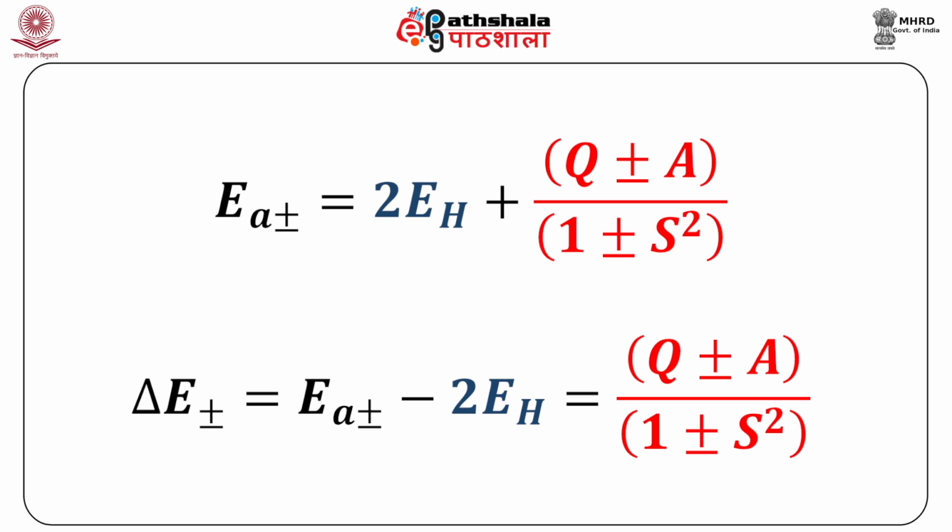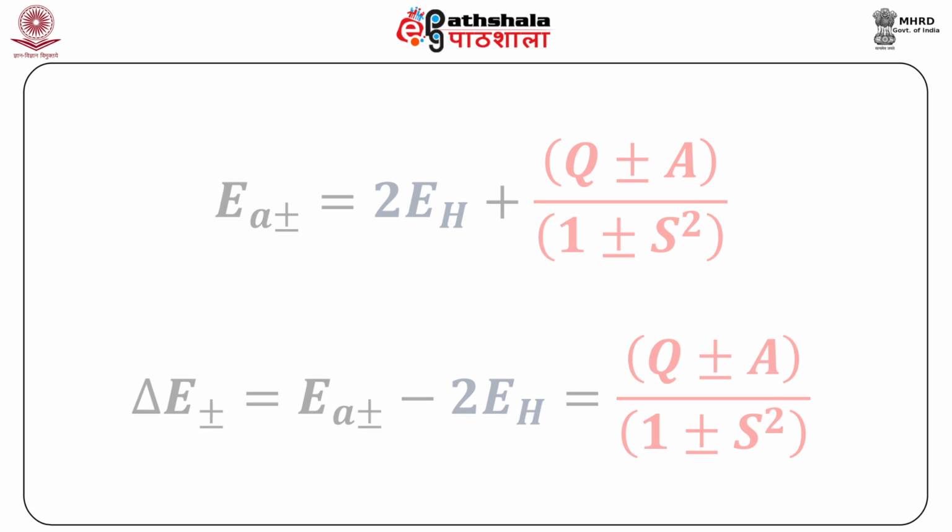So from here one gets the corresponding expression for the binding energy, meaning the energy which the hydrogen molecule possesses in comparison to the energy of two isolated hydrogen atoms. Delta E plus-minus comes out to be equal to Q plus-minus A upon 1 plus-minus S square.